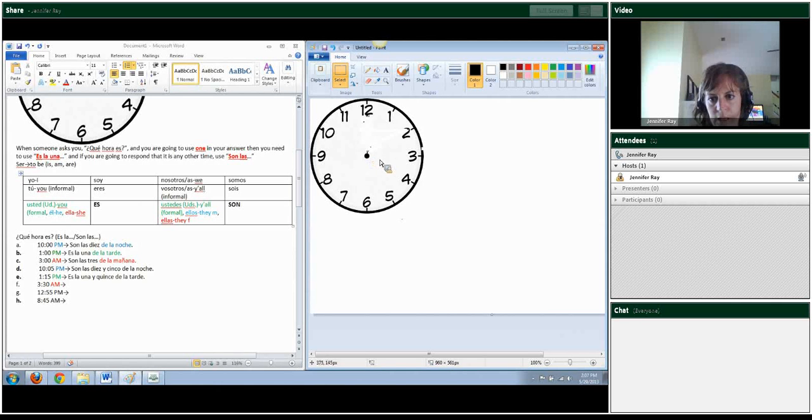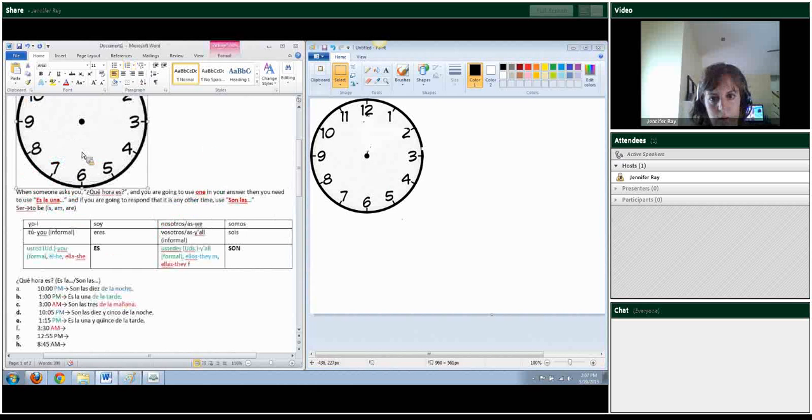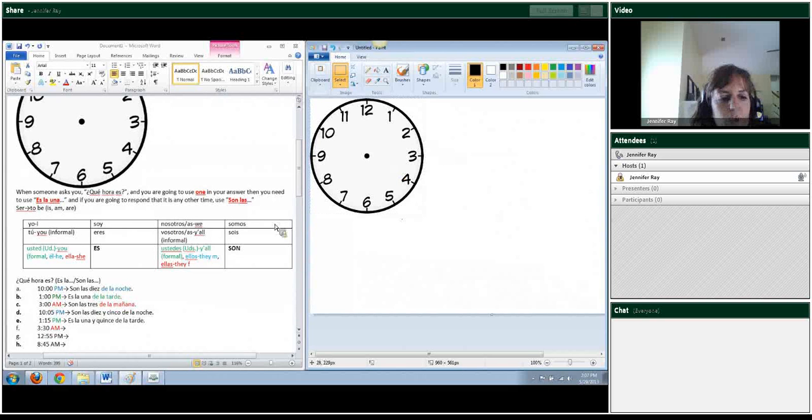I was going to get rid of it and do a new clock, but let me do a new clock anyway. All right, there we go. All fixed. So what I had is 1:15, so I'm going to draw in 1:15, which would be something kind of like this.